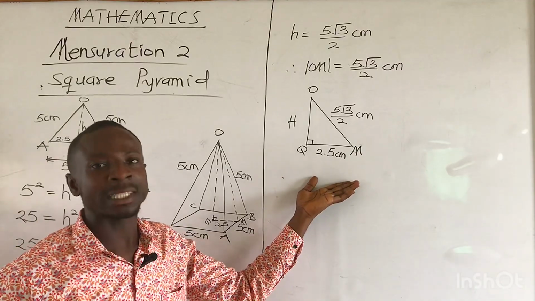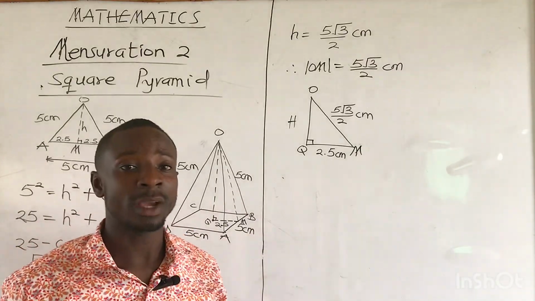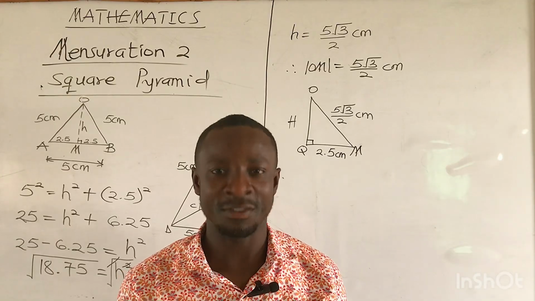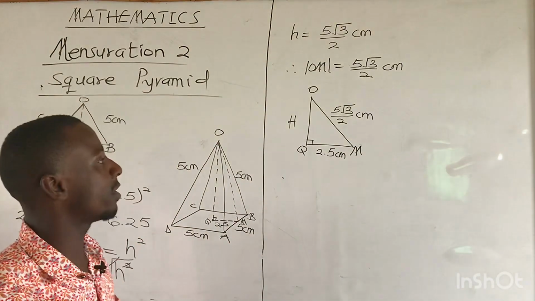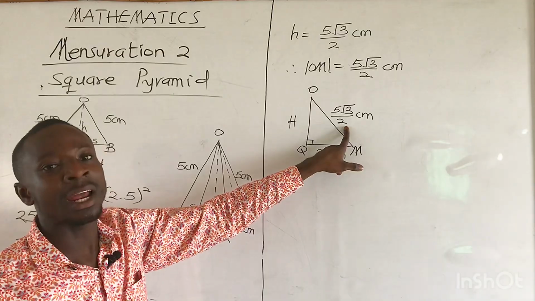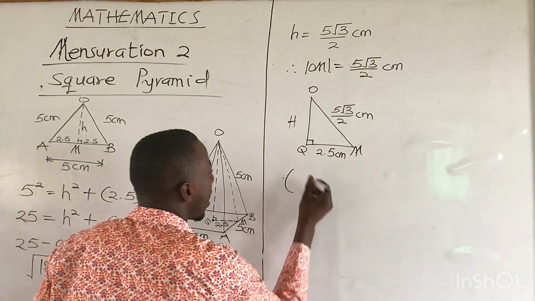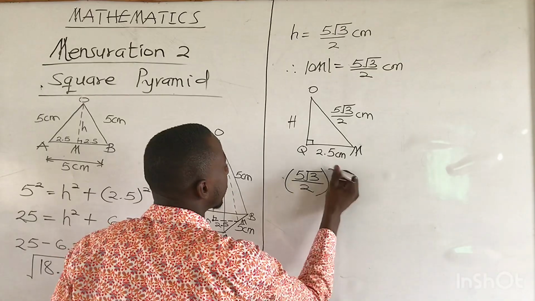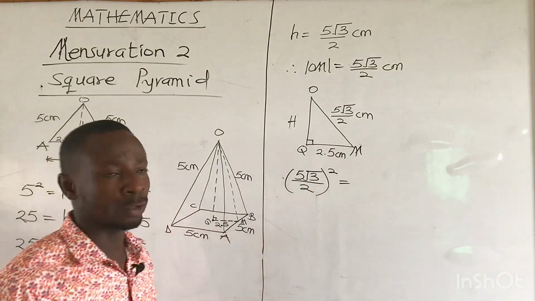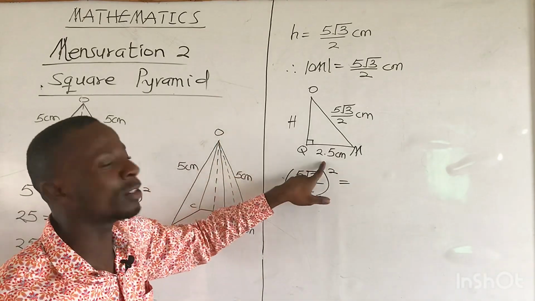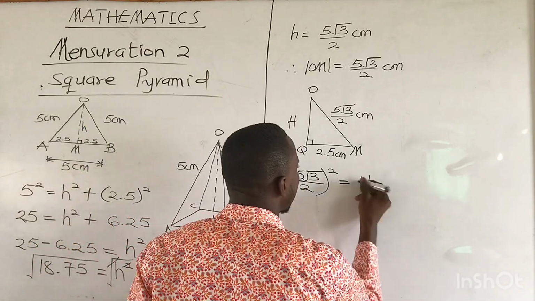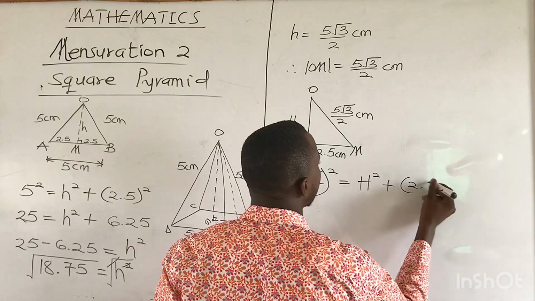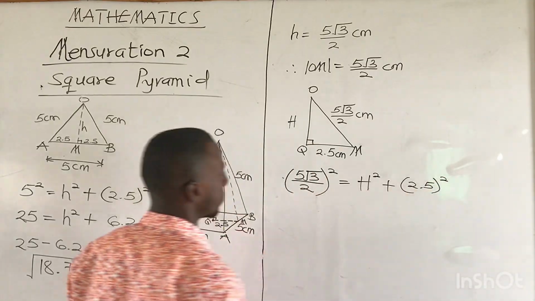Since it's a right angle triangle, we can still use the Pythagoras theorem to find the height of the pyramid. So in using Pythagoras theorem, we are still going to square the hypotenuse again. So we have 5 root 3 over 2 squared, which is equal to the squares of the other two sides, h squared plus 2.5 squared.